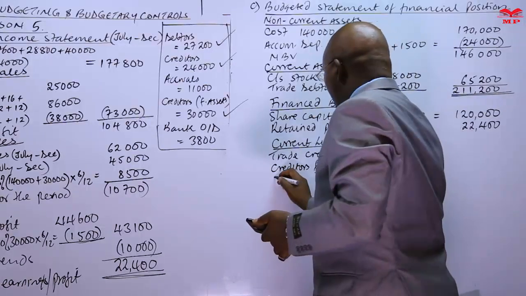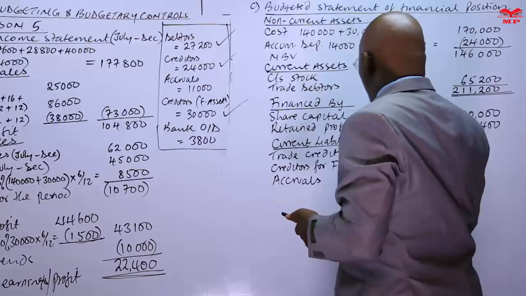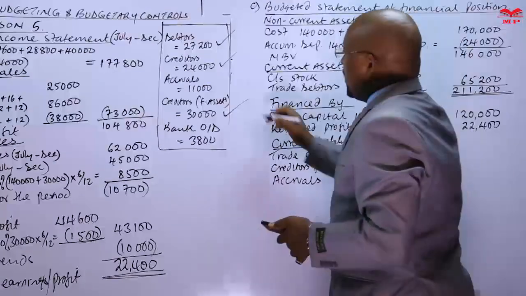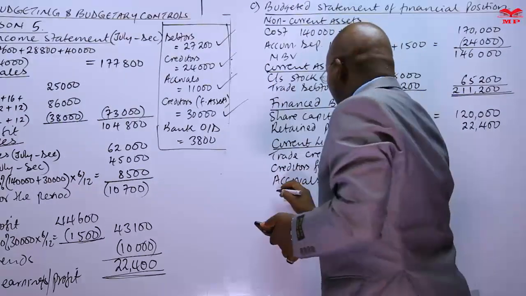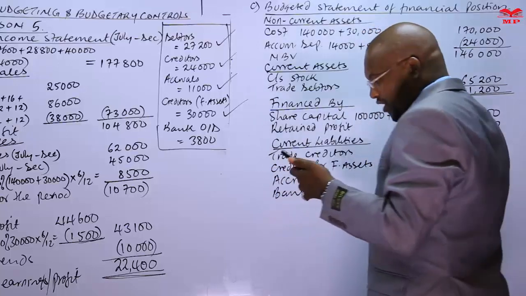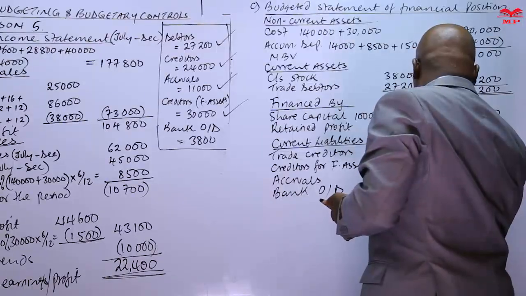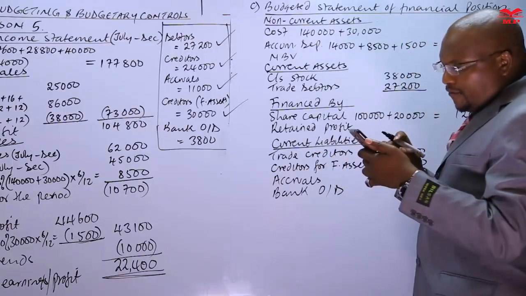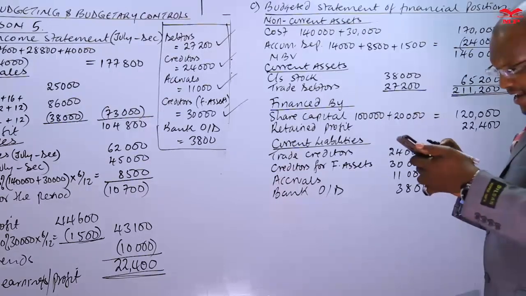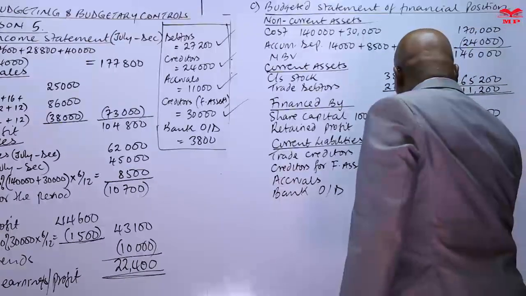We have the accruals. We have 11,000. And we have the last one, which is bank overdraft, OD, which is actually 3,800. Looking at the format we have, we don't have any other item that is left, and therefore we expect that one to be the final that you can balance.